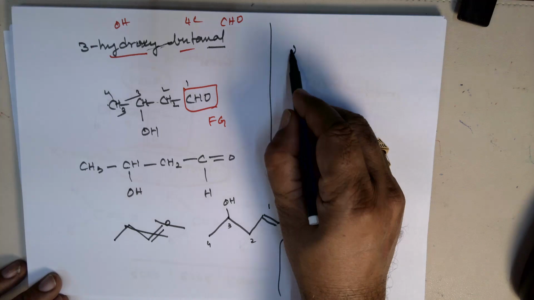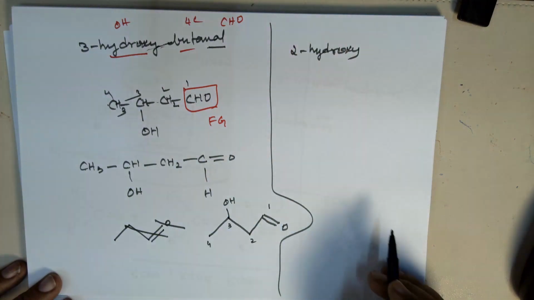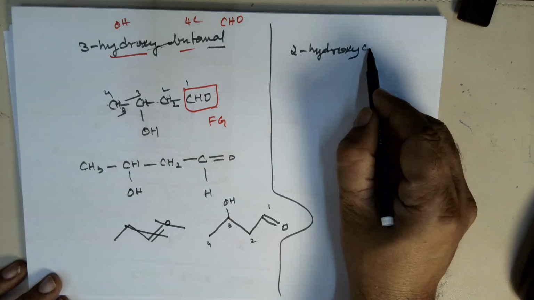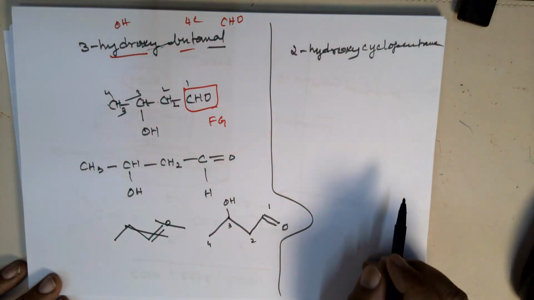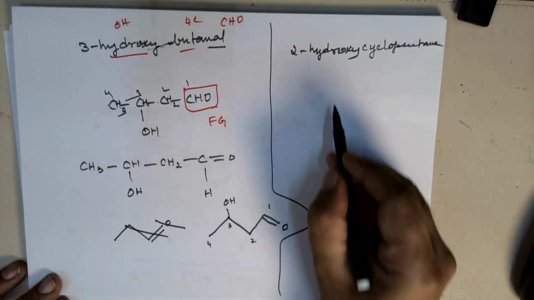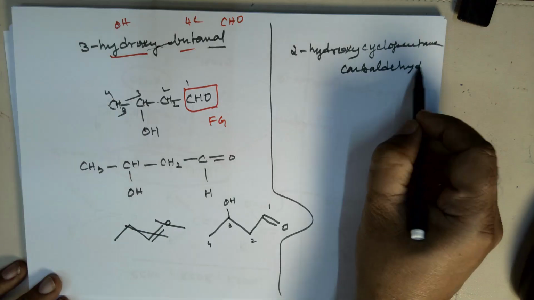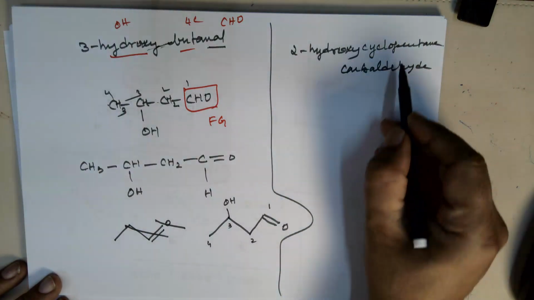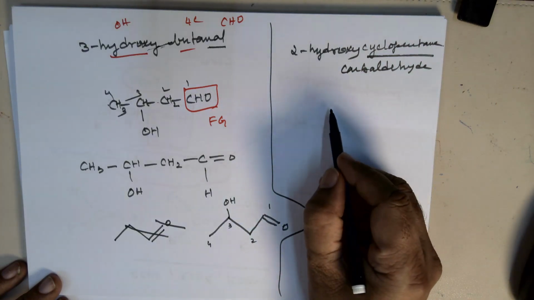2-hydroxy cyclopentane carbaldehyde. So cyclopentane means it is a cyclic compound with 5 carbon atoms.